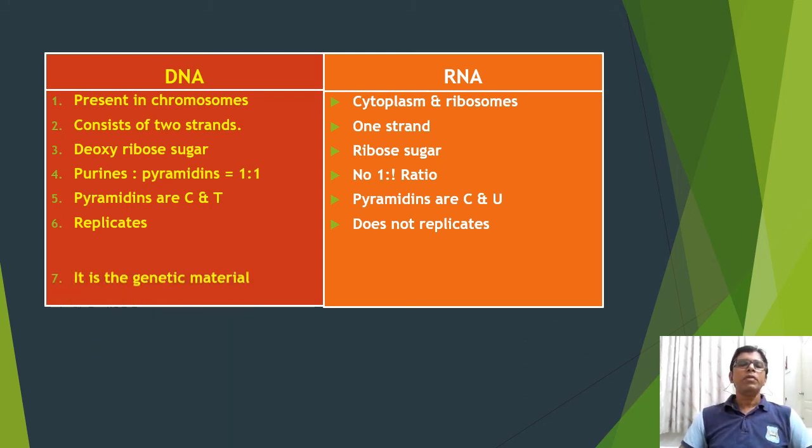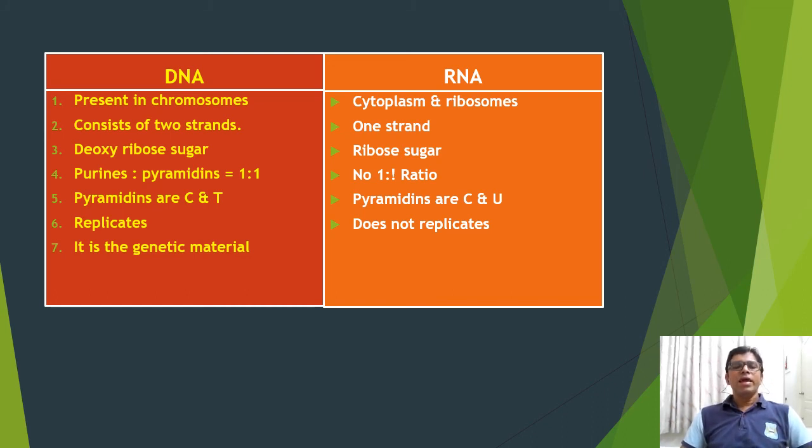Okay. And the seventh difference is that DNA is the genetic material. DNA acts as genetic material in general, which stores the genetic information and plays an important role in heredity. It acts as genetic material in almost all cells.